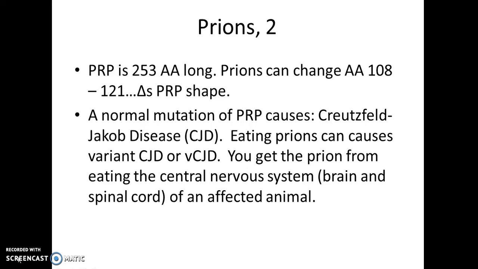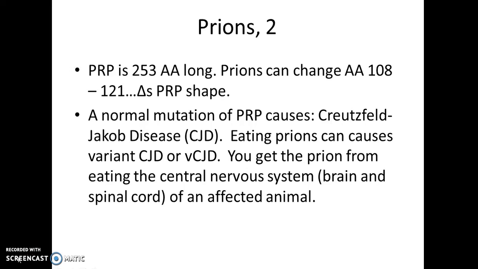So there were these cows that had the CJD, they ate prions, their proteins changed shape. And as their proteins changed shape, their cells died, and then they eventually died, and that's why we call it mad cow disease.